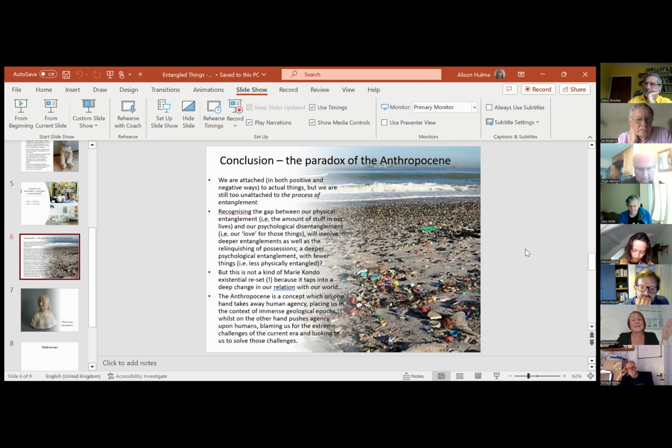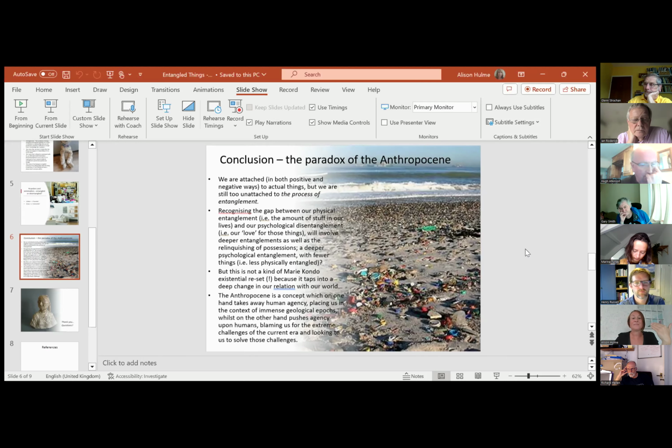On the other hand, it pushes agency upon humans, blaming us for the extreme challenges of the current era and looking to us to solve those challenges. So on one hand, we're part of something way more powerful than us, bigger than us, deeper than us. On the other hand, only we can save ourselves from ourselves.